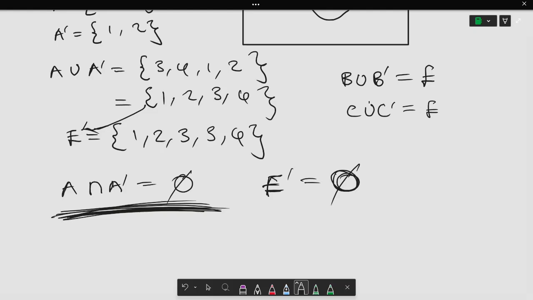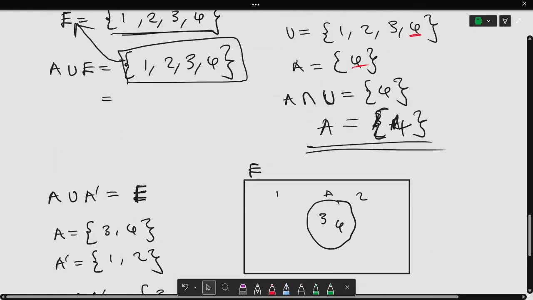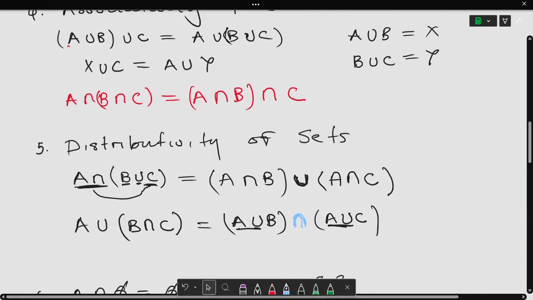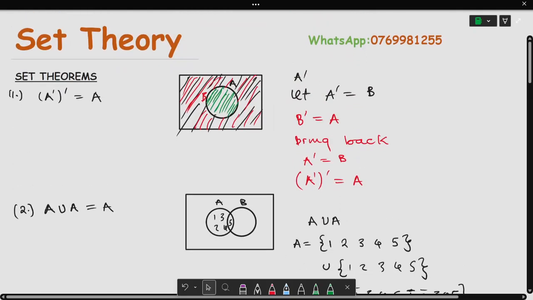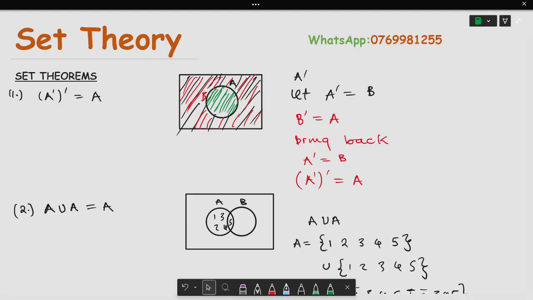Okay, what other properties can we look at? I think that these are enough. So we can try to do a question or two based on some of these theorems that we have used here.